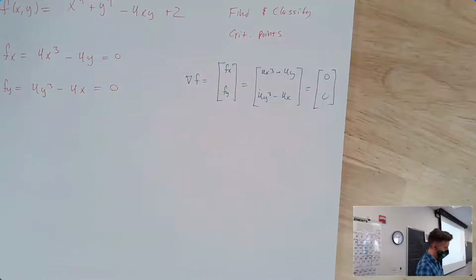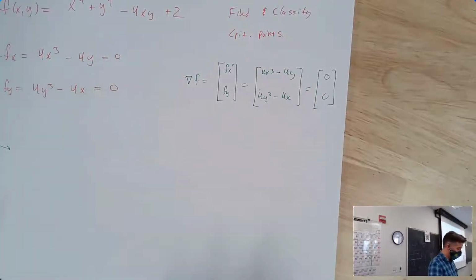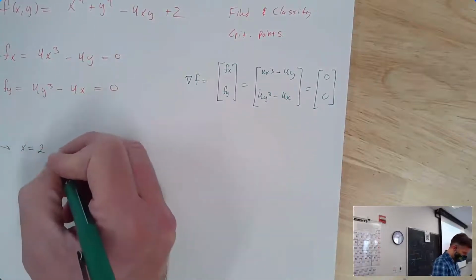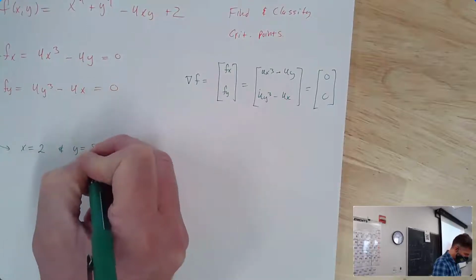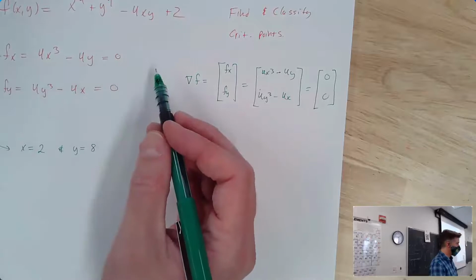So what I mean by that is, for example, in this first equation, it would totally work to have x equal to 2 and y equal to 8. That would totally make the first partial equal to 0.